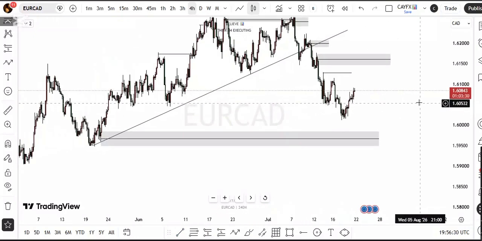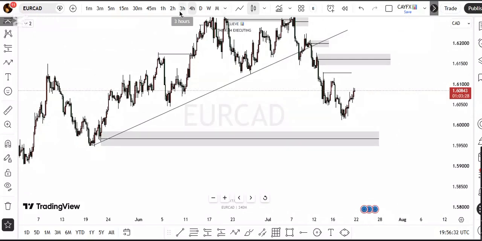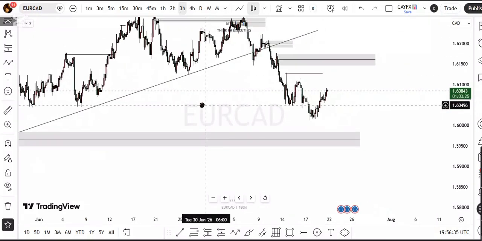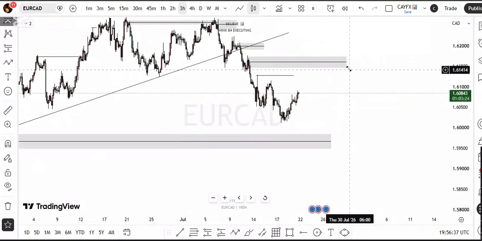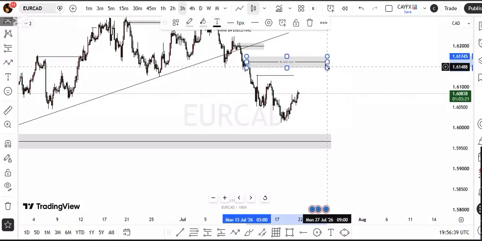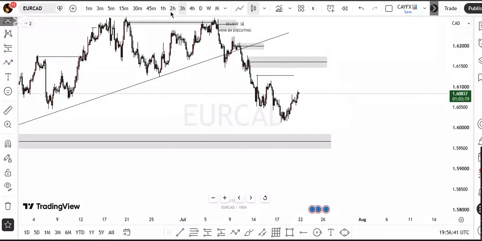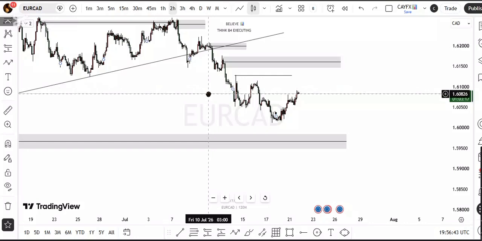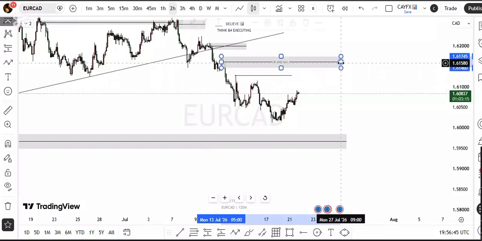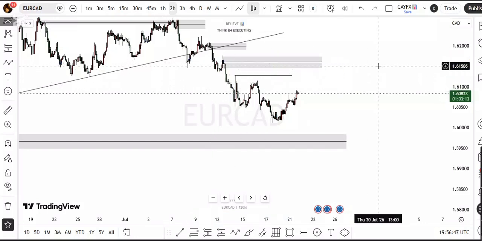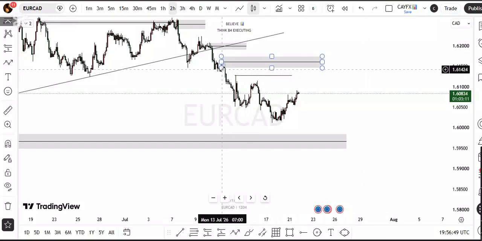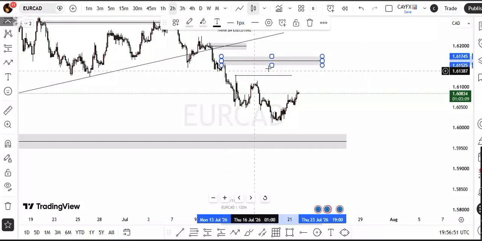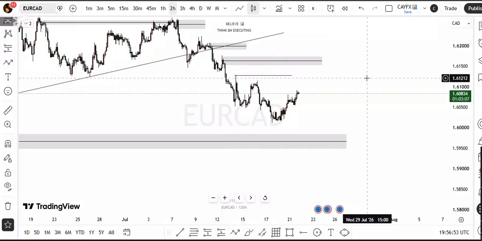So now what happened? I'll go down to my 3-hour time frame. I can use the 3-hour time frame for my entry. I can use the 2-hour time frame for my entry. As you can see, if I want to refine this, I can refine it to here.